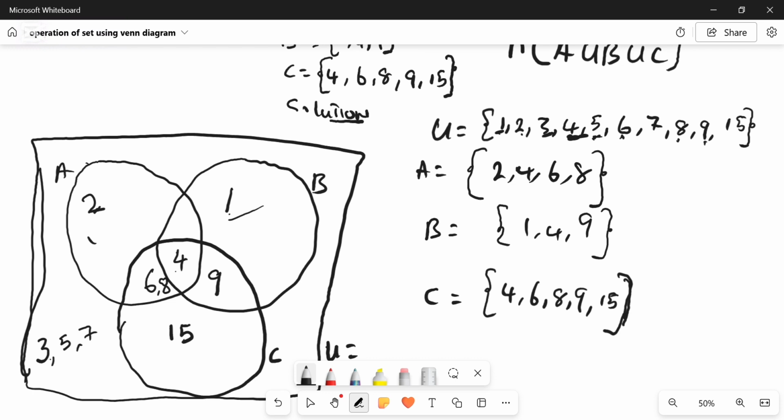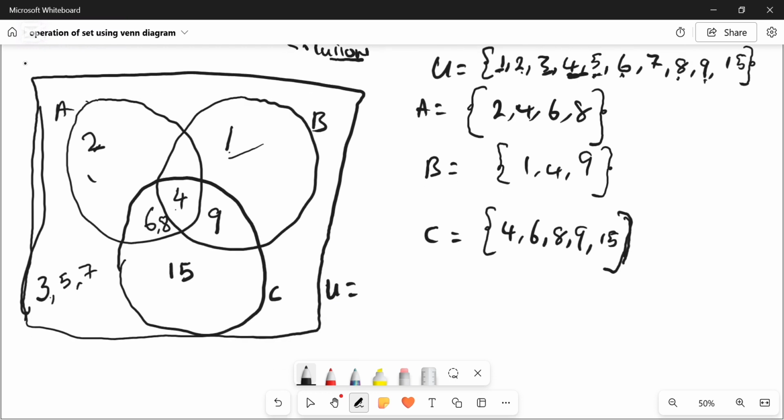Alright, but we're not going to end there. Remember, we were told to look for the number of elements in A union B union C. If you know what union of a set means, it means all the elements in the subsets A, B, and C. So all the elements in these subsets now are: you have 1 here, you have 2, you have 4, you have 6, you have 8, you have 9 and 15.